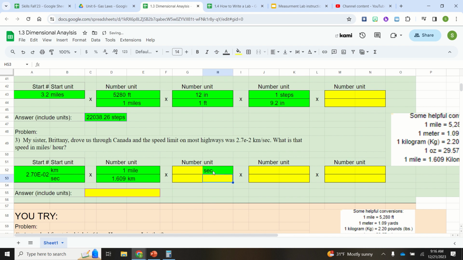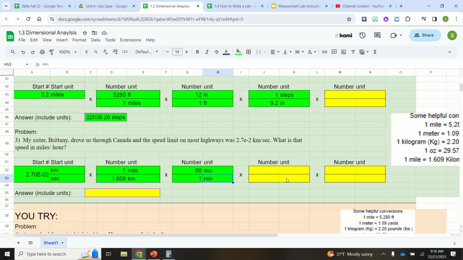And then we're trying to convert to hours. Do you know how many seconds are in an hour? Yeah, I don't either. So we're going to have to go to minutes first, right? And then we know 1 minute is 60 seconds. So we've converted to minutes. Are we in the unit we want yet? We are not. We need to convert again.